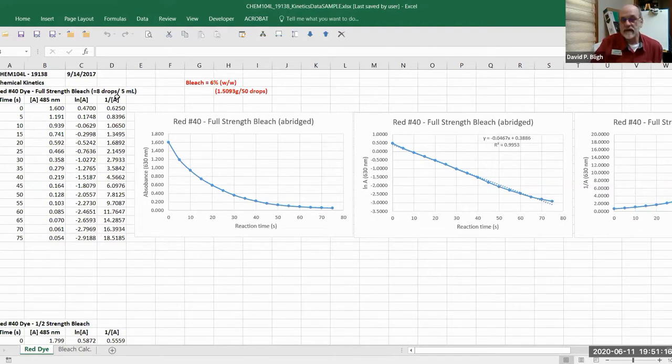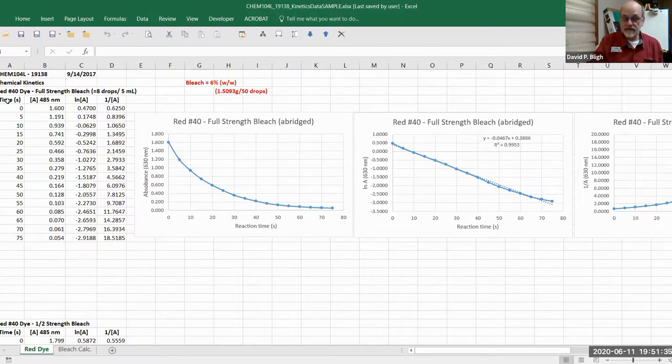And similarly, the reciprocal graphed as a straight line would be second order. So you've got to graph each one of these to determine which one gives you the proper order for the dye reactant. All right, so how do you do that?